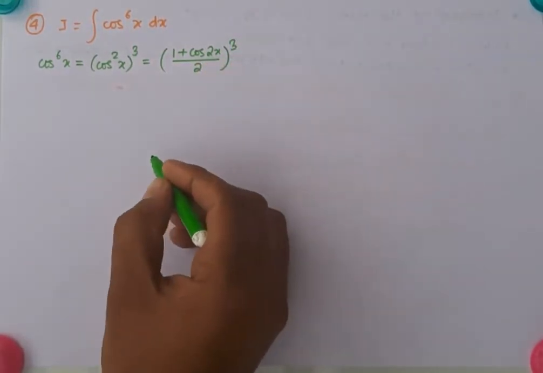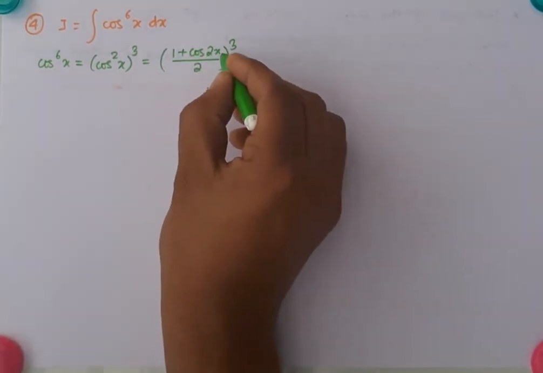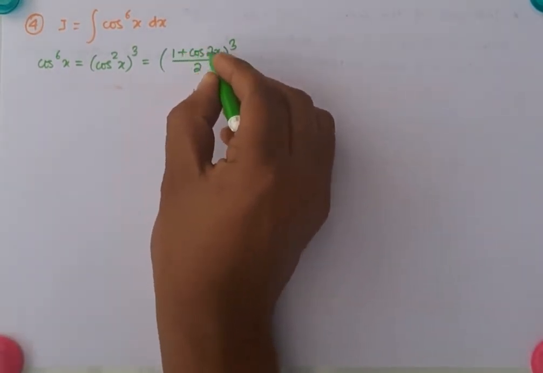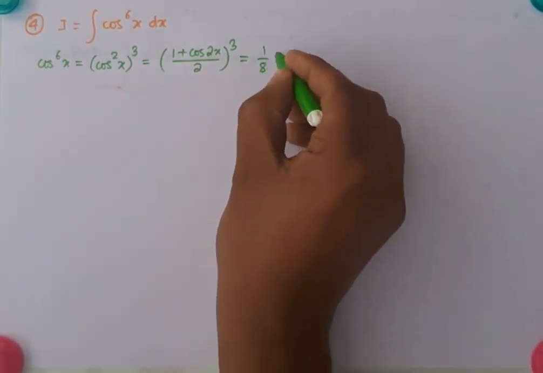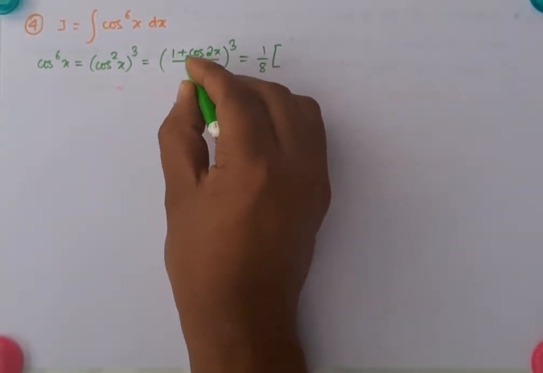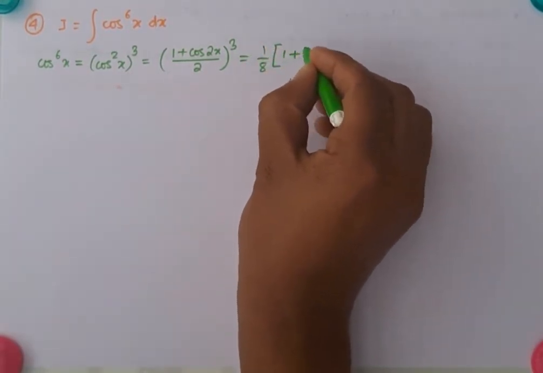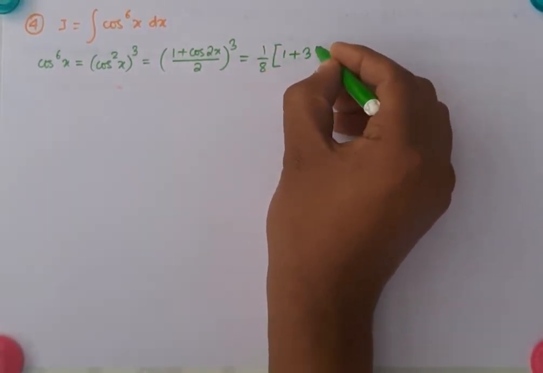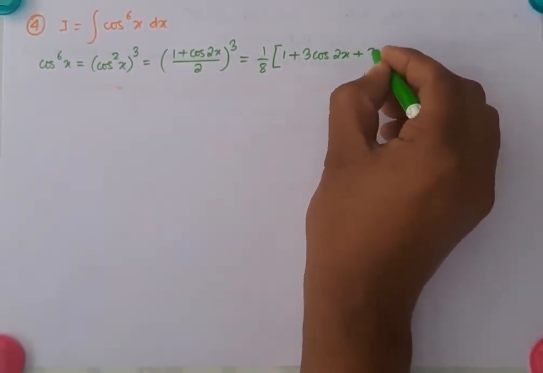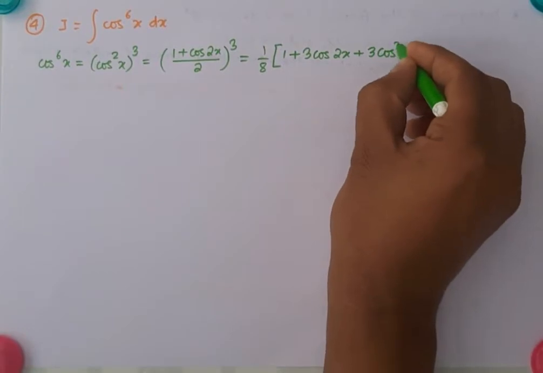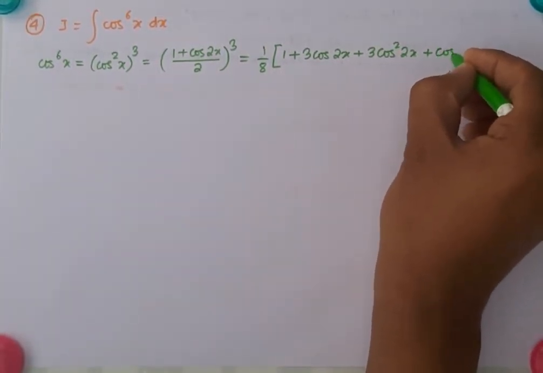So this is (a plus b) whole cube, and in the denominator we get 8. When you apply the (a plus b) whole cube formula, you get a cube plus 3a square b, that is 3 cos 2x, plus 3ab square, that is 3 cos square 2x, plus cos cube 2x.